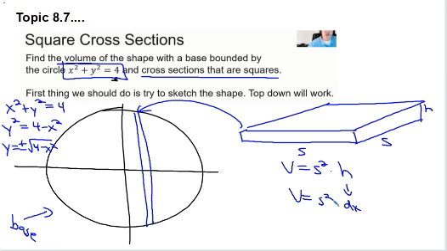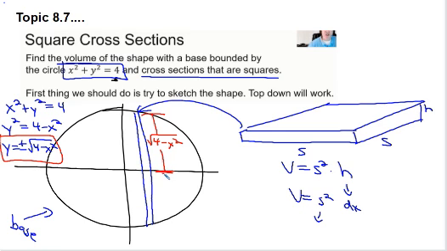What we need now is an expression for this side. If you look back at our formula for the circle, half of one of these sides is the square root of 4 minus x squared. It's the function value. That would account from here up to here, but that's only half of it.